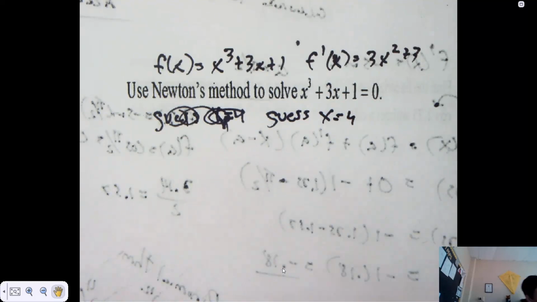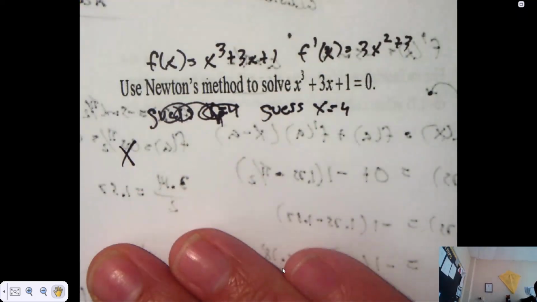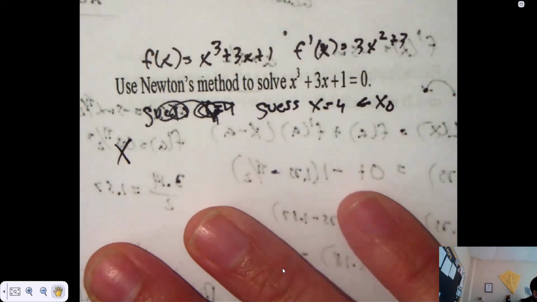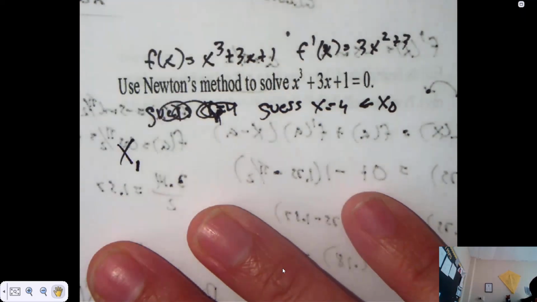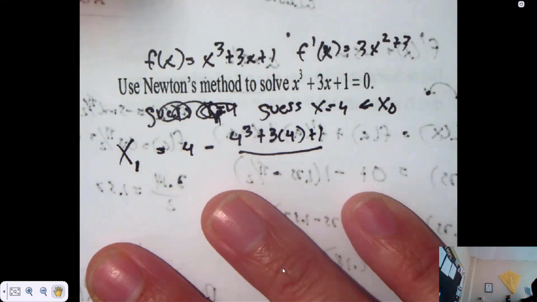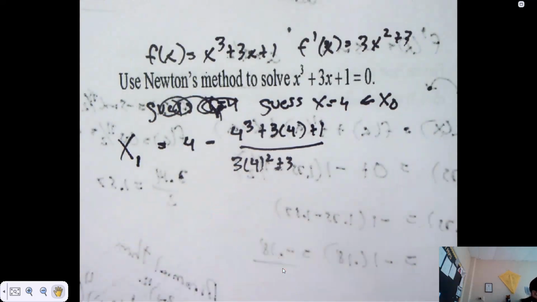So our next guess, this x_(n+1): I'm going to call the first guess x0. x0 is 4. So the next guess x1 would be 4 minus f(4), which is 4 cubed plus 3 times 4 plus 1, sitting over 3 times 4 squared plus 3. 4 cubed is 64, plus 12 is 76, plus 1 is 77.